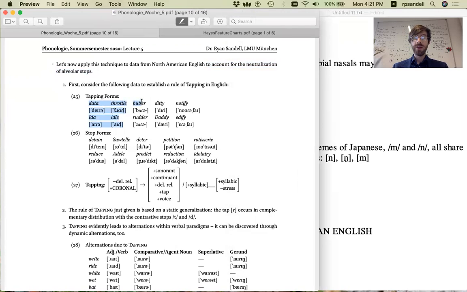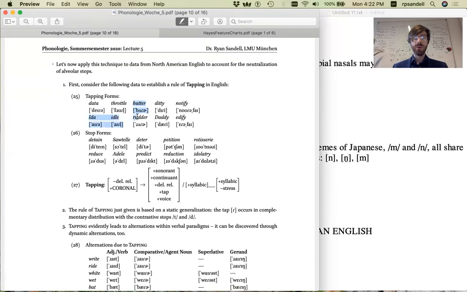And in particular, if you think about the orthography, the writing system of English, there are lots of words which are spelled with the t sign, but in North American English, these are pronounced with a tap. So we would say data, throttle, butter, ditty, notify, in all of these words, not a stop.